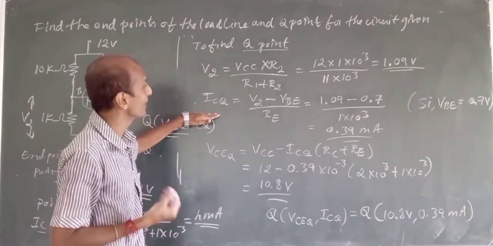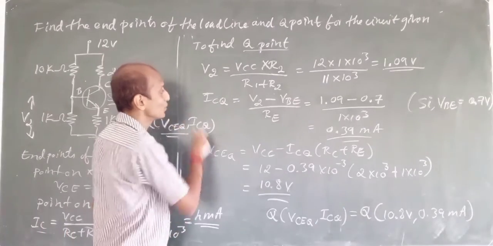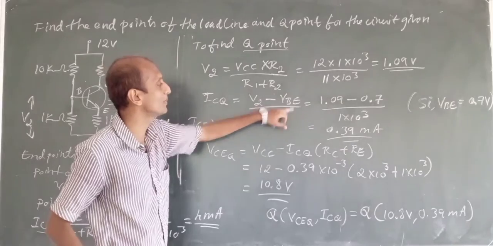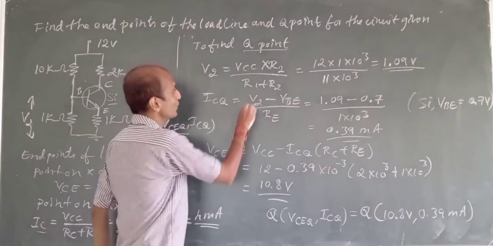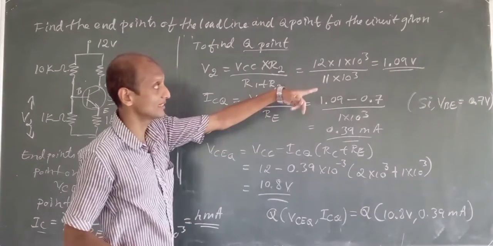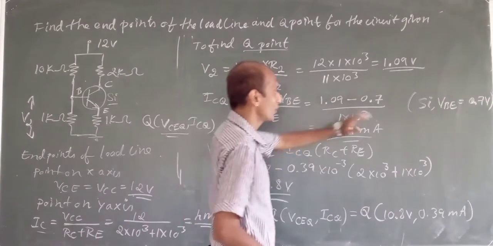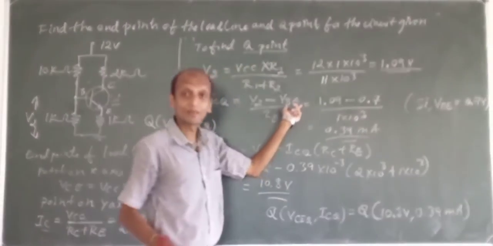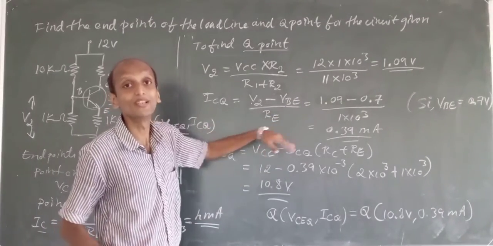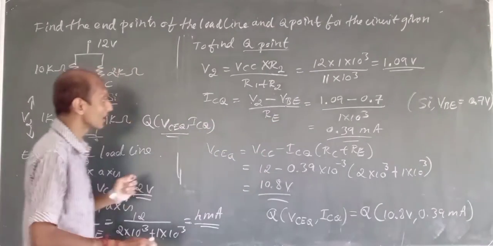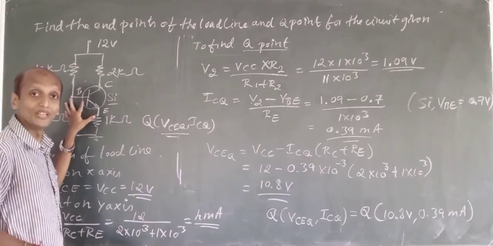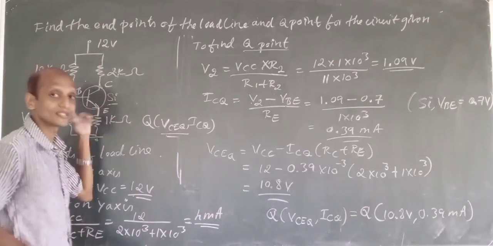After that, I should go for ICQ. For finding ICQ, we have a formula: V2 minus VBE by RE. The V2 value we have found is 1.09 volts. Now comes the question of VBE. What will be the voltage drop across base to emitter if it is a silicon transistor?